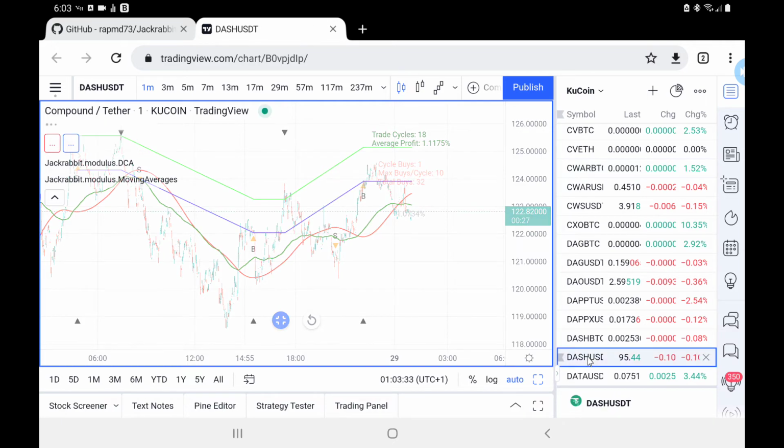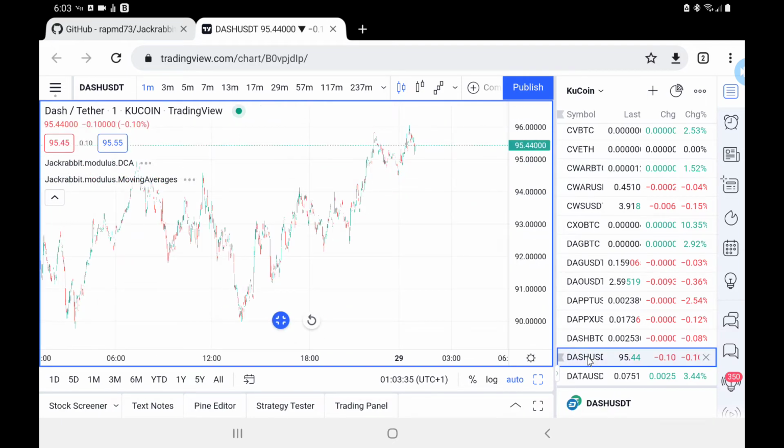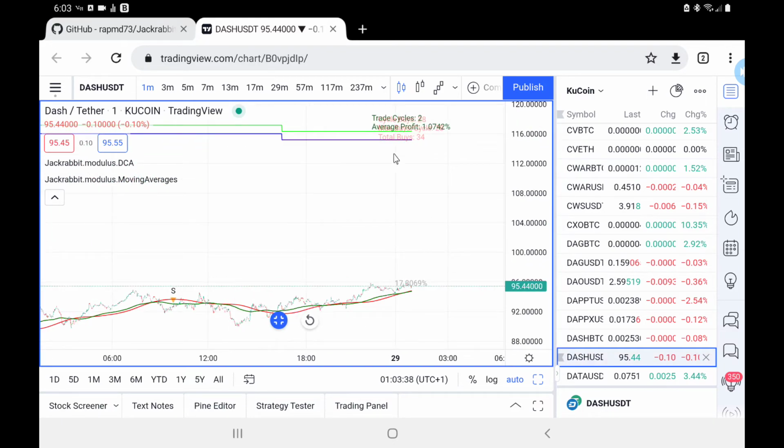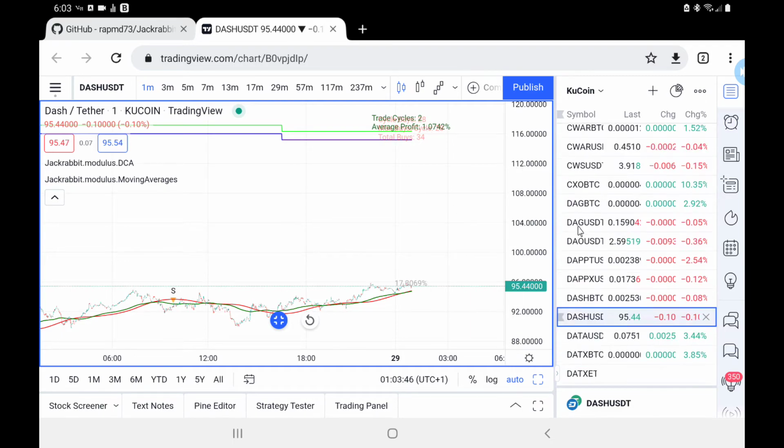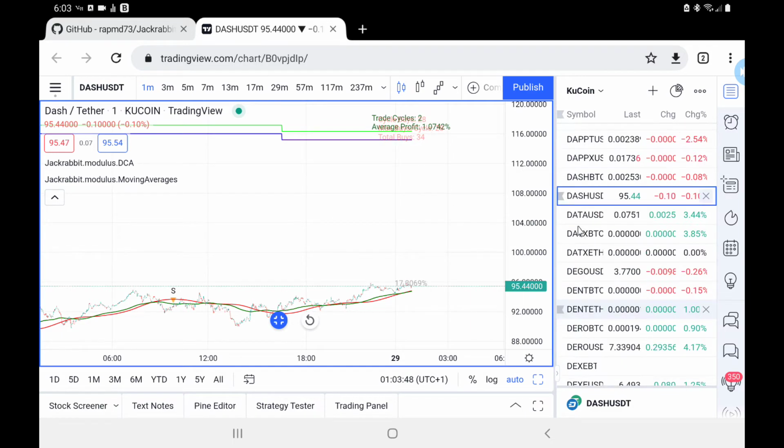Dash is another popular coin. Not as busy as you would expect, but still solid performer nonetheless. Nice little defensive hedge there.